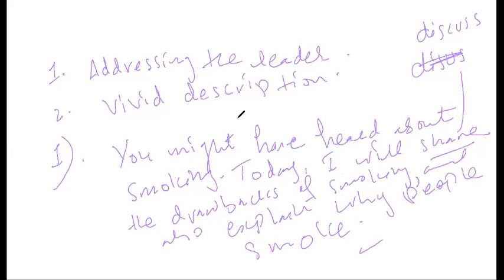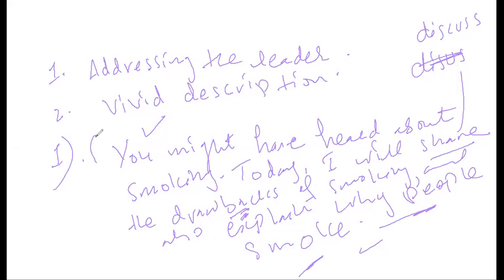Now, here we see that the writer is addressing the reader, right, or addressing readers. You might have heard about smoking. So this somehow draws readers' attention, and then comes the thesis statement that the writer is going to write about drawbacks of smoking and explain the reasons, right, why people smoke.